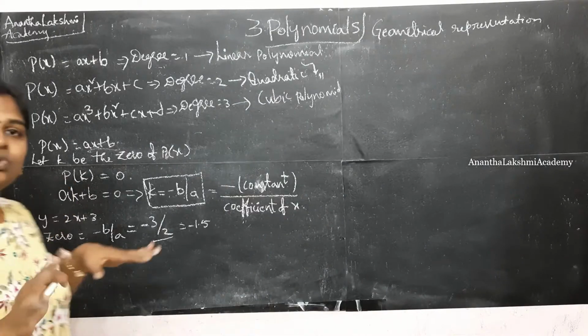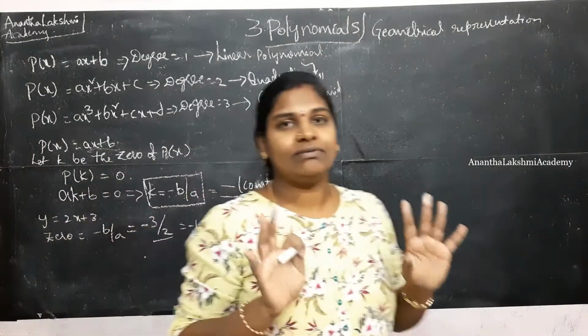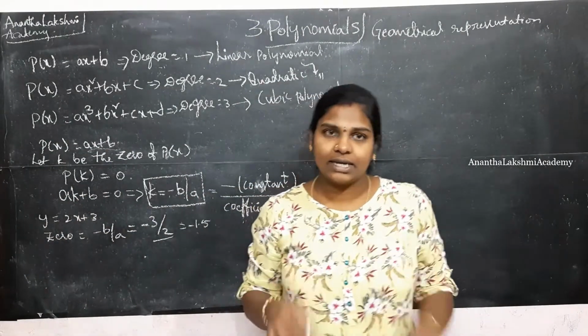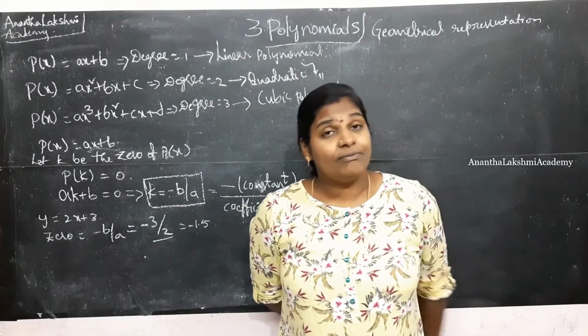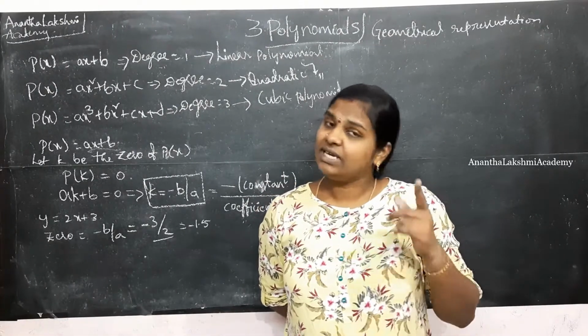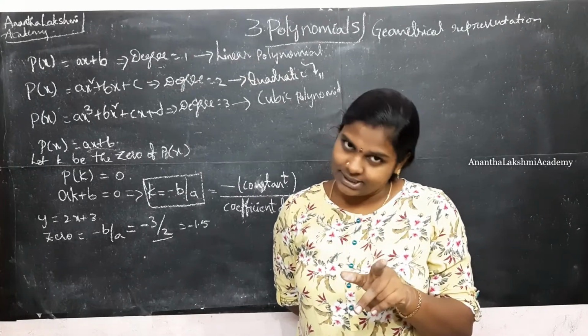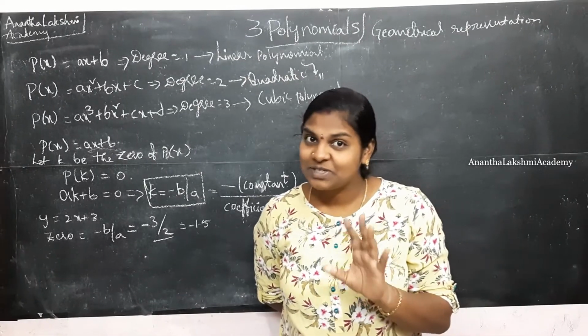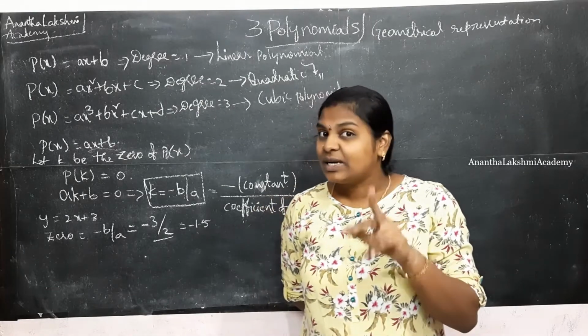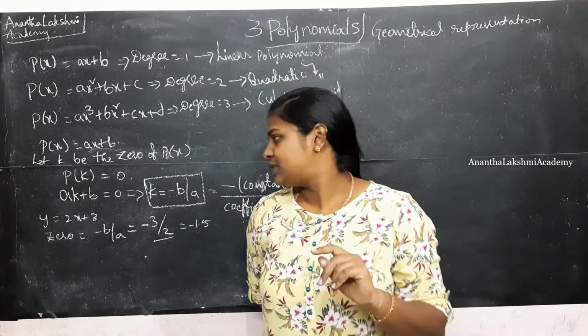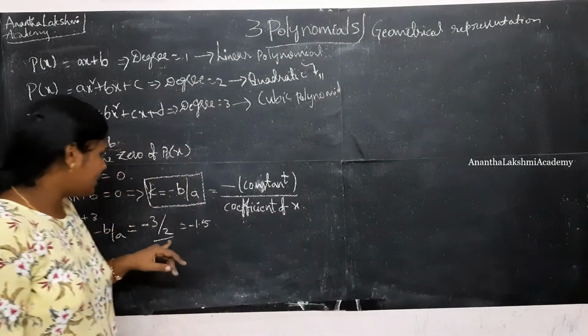Okay, now that we have to verify it using the geometrical representation is what I said. But in order to draw a graph, we need x values and y values, x, y coordinates. If you are familiar with graphs, you will understand these terms. X, y coordinates we need to know. So here it is given as minus 1.5, right?